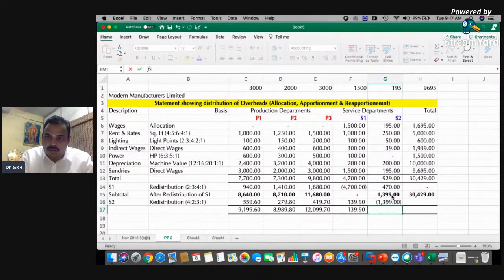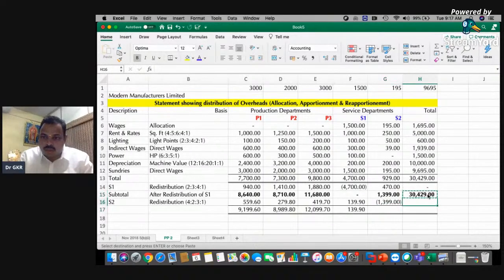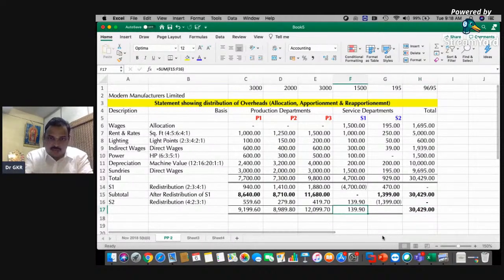So what is your total? Your total here is 3420. Now here this 139.90 again has to be redistributed.